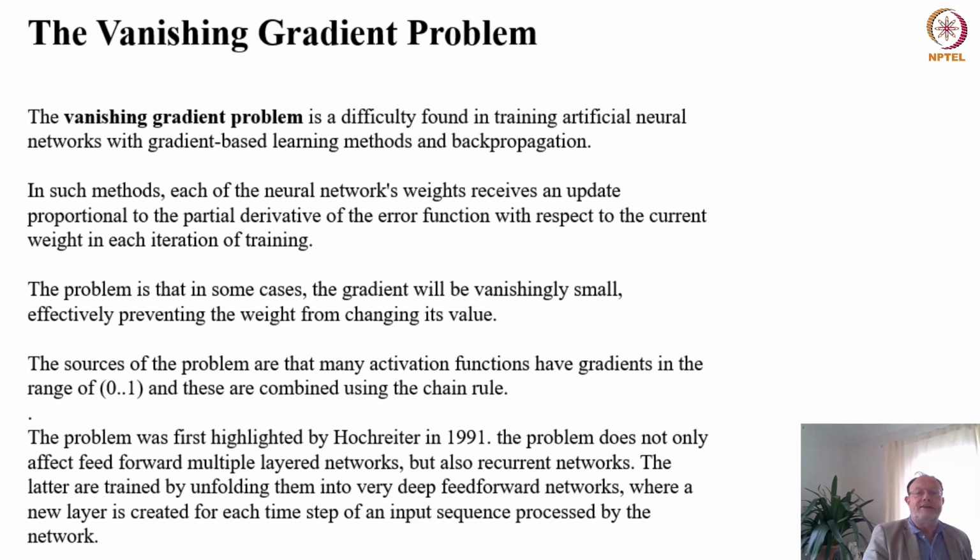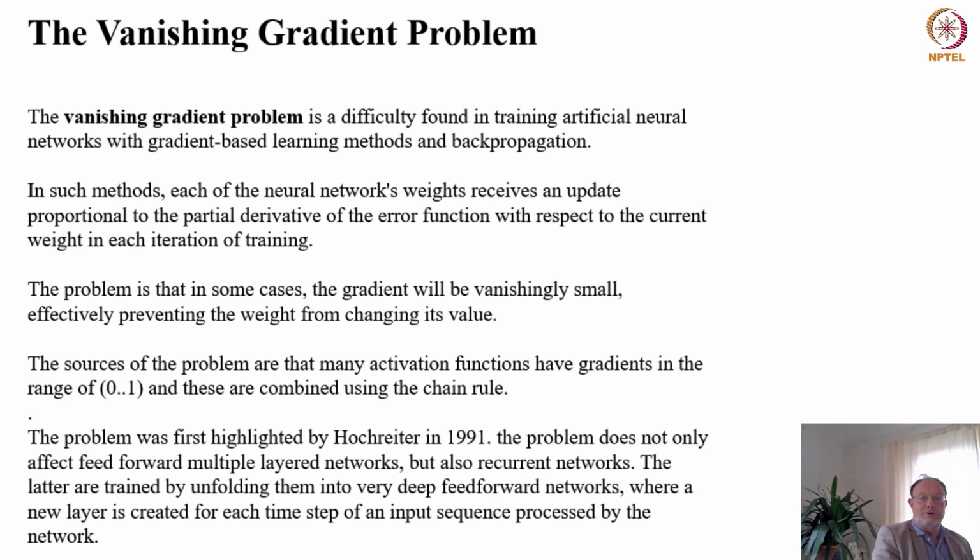So the vanishing gradient problem is a difficult one, especially in gradient-based learning methods, which includes backpropagation. The weights receive an update proportional to the partial derivative of the error function with respect to the current weight. So the problem is that the gradient will be vanishingly small, which effectively prevents the weight from changing its value.